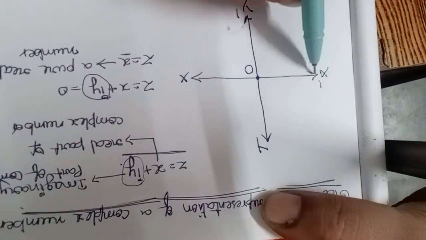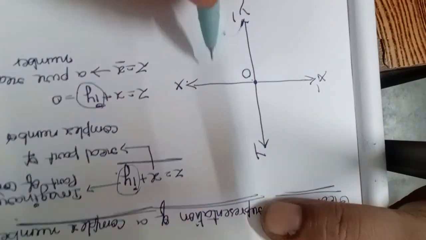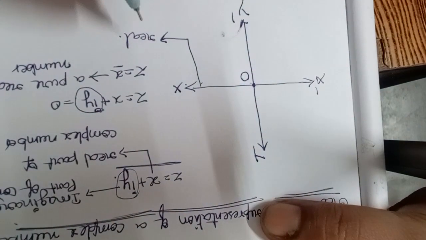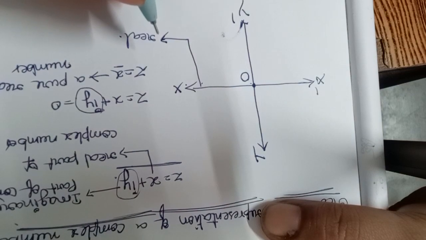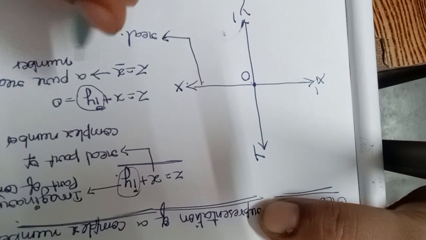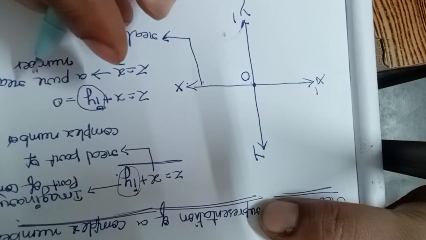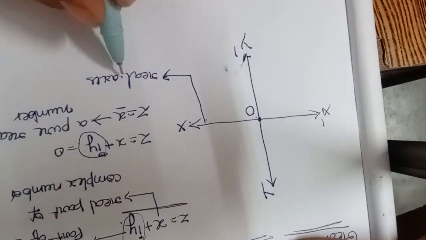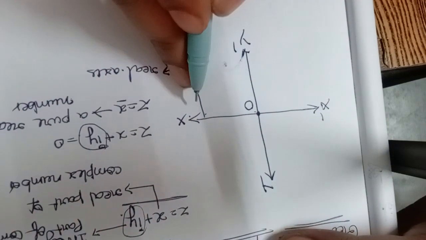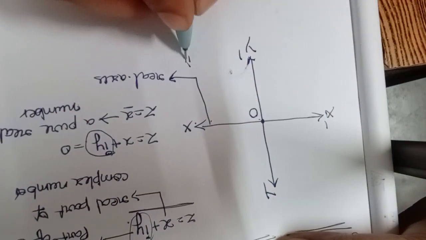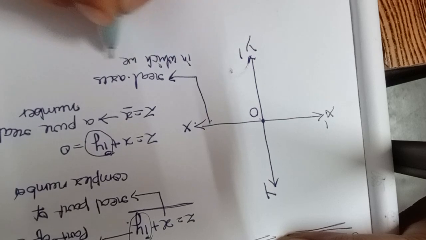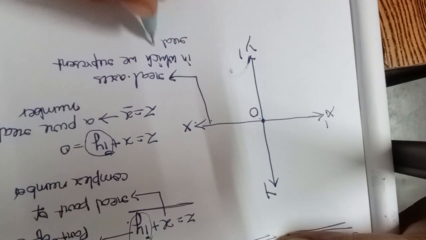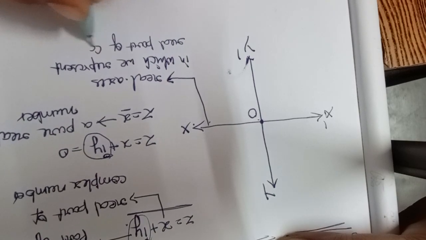The x'ox line can be said to be the real axis. The x-axis is known as the real axis, in which we represent the real part of the complex number.